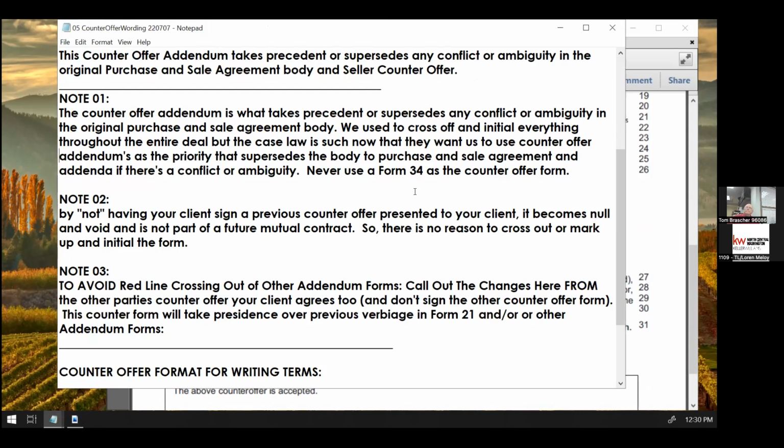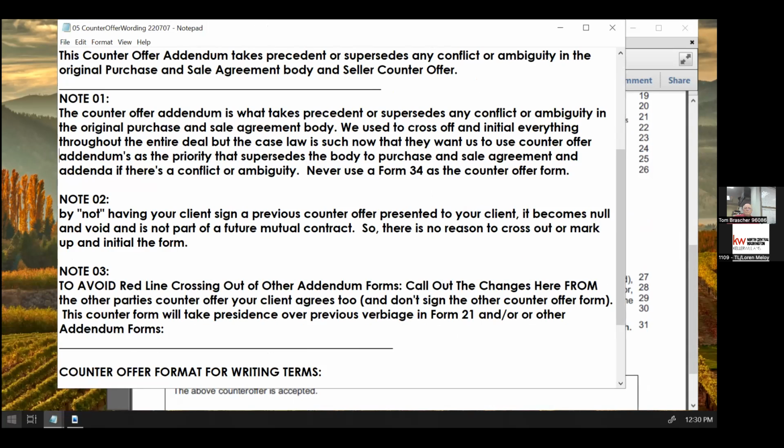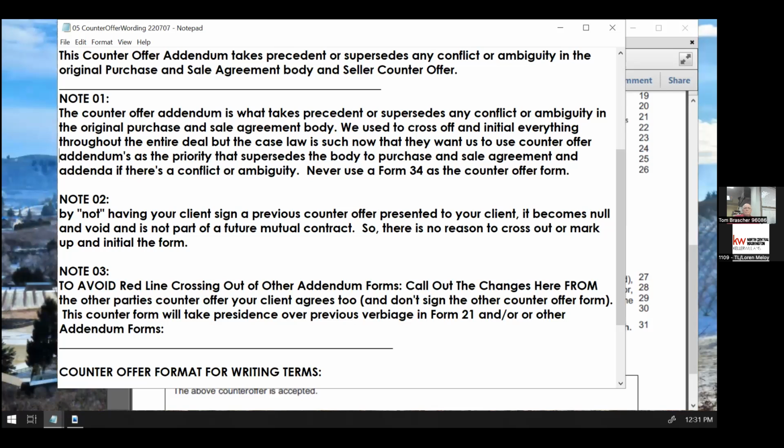And if you just have the urge to redline something, it's not necessary. But if you do, you don't have to have people initial it. The only time I've ever had anybody, as a buyer or a seller, strongly stand up to that was the price.